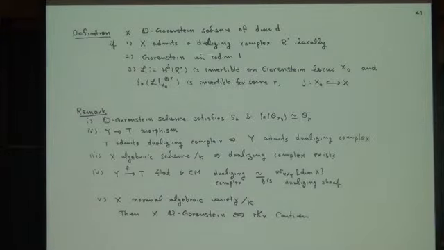But this kind of condition is satisfied in many cases. For example, if X is an algebraic scheme over a field, then this dualizing complex always exists, because if you have a morphism from Y to T, and if T admits a dualizing complex, then upstairs also admits a dualizing complex. So Spec A has a dualizing complex, so this also has a dualizing complex.